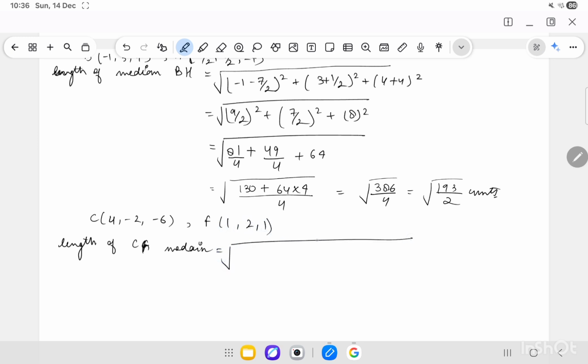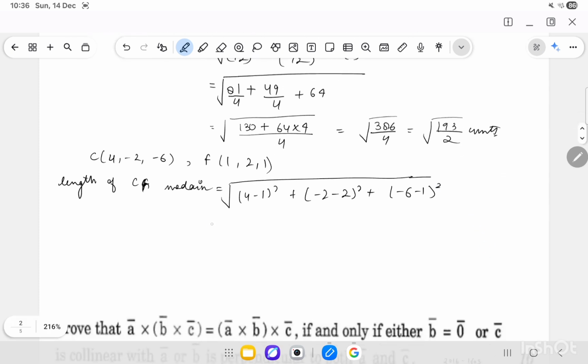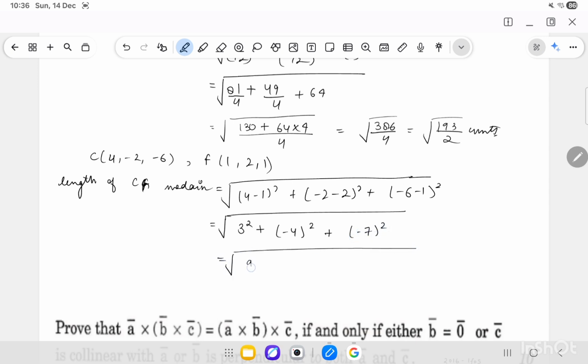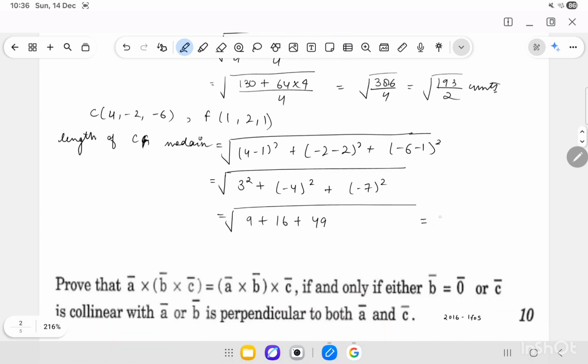So this length will be equal to square root of (4 minus 1) square plus (-2 minus 2) square plus (-6 minus 1) square, which will be equal to square root of 3 square plus (-4) square plus (-7) square, which is equal to square root of 9 plus 16 plus 49, that is 49 plus 25. Square root of 49 plus 25, which is square root of 74 units.